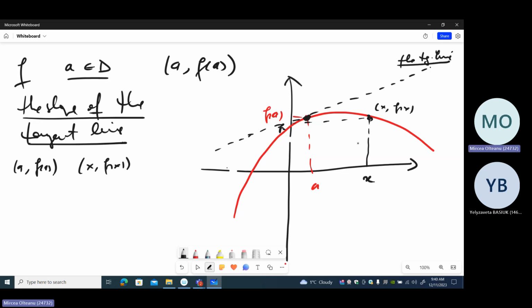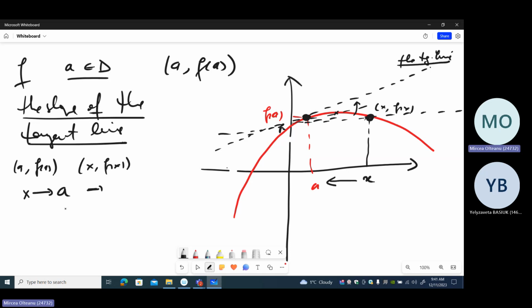What we can observe on this picture is that if x is closer and closer to a, then the position of this straight line, if I move the point here, will be like this. So if x is closer and closer to a, then this straight line, which passes through this point and through this point, will be closer and closer to the position of the tangent line. So we can imagine that when x tends to a, their slopes will be equal.